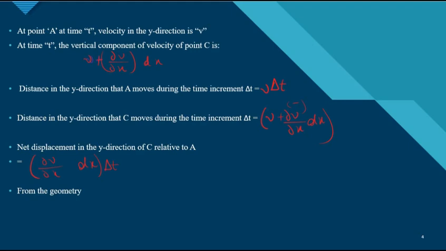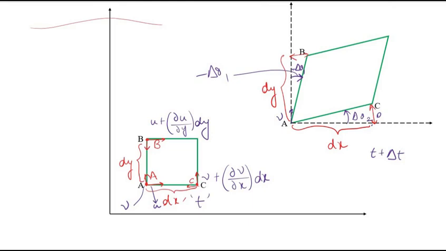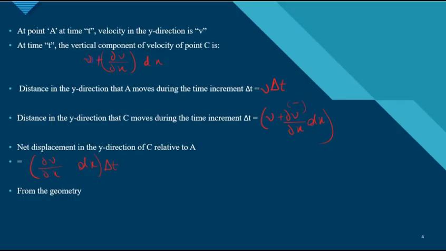Now from the geometry, if you carefully look at it, if I want to write tan delta theta 2, how can we write tan delta theta 2? So let us write that down over here.